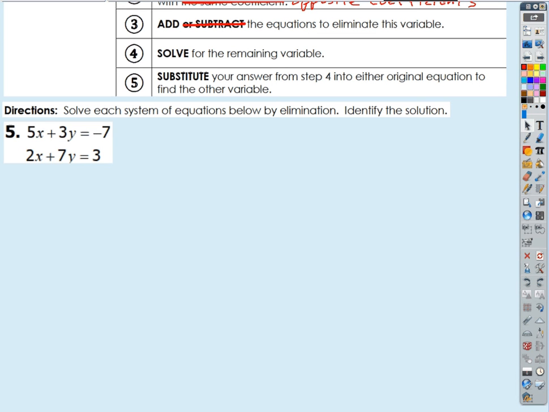X. Yeah, right, because with the x's I can multiply by smaller things. So what are we going to multiply the top equation by? 2. Okay, so if we pick 2 for the top one, what do we want to pick for the bottom one? Negative 5.